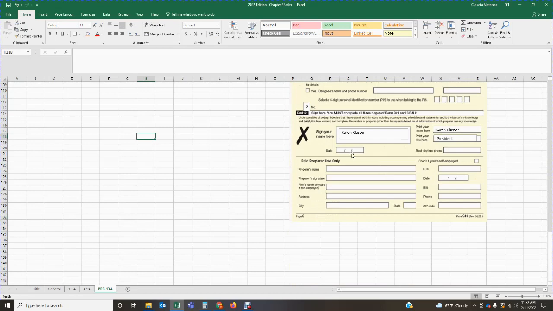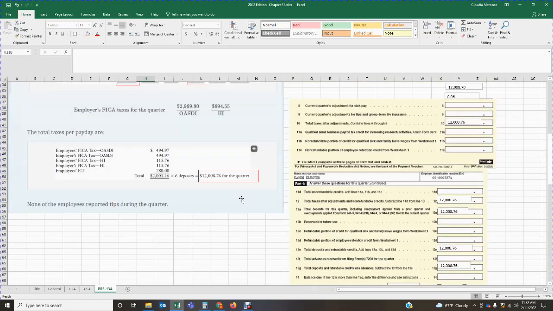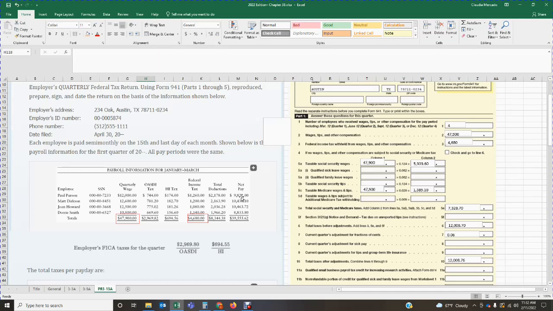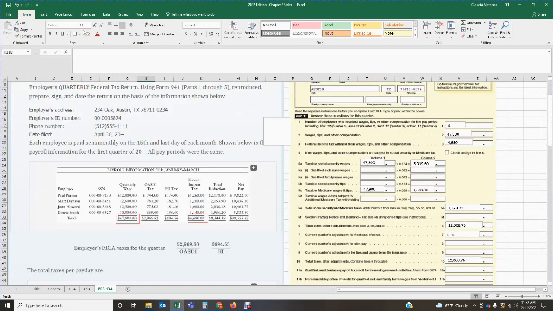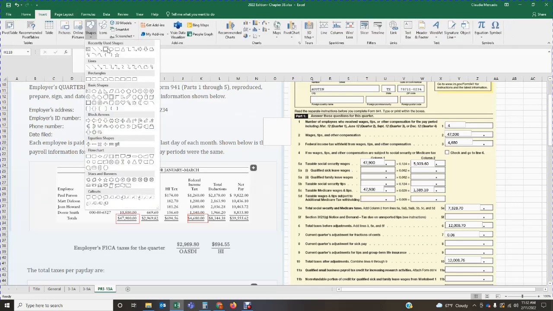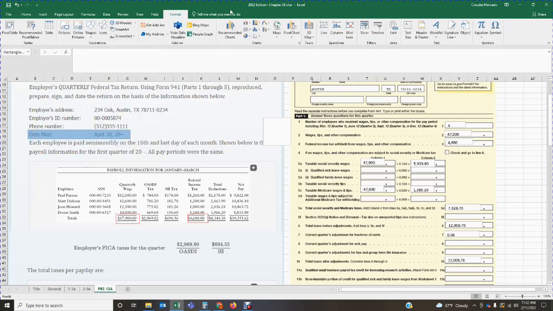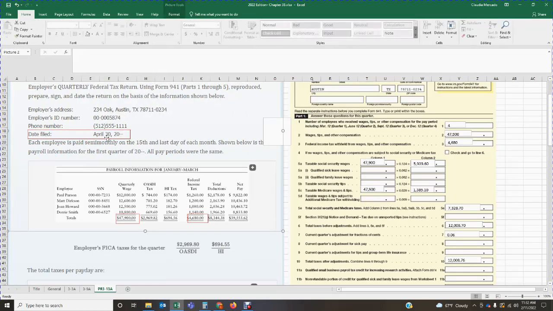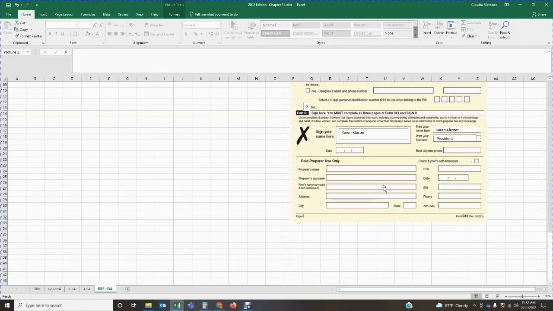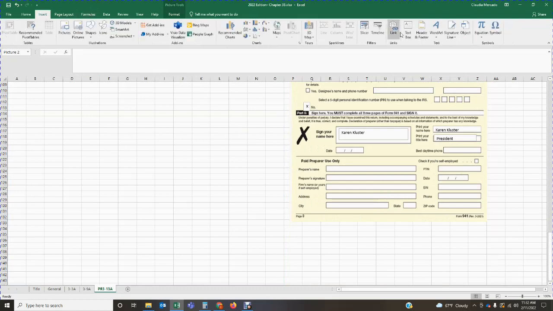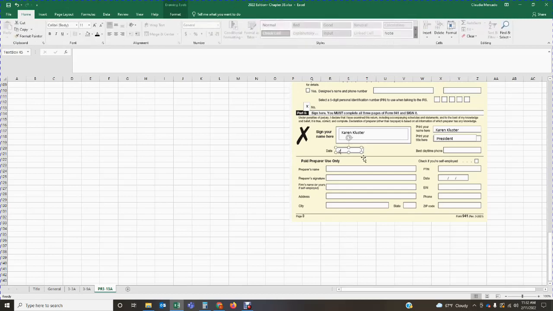And then the date. So we are making the payment, the date filed, right here. Date filed. April the 30th. So we're going to go ahead and put that over here. So it'll be 04/30.